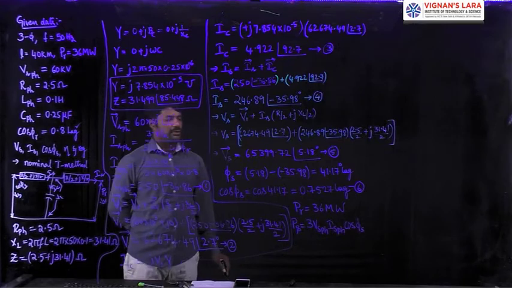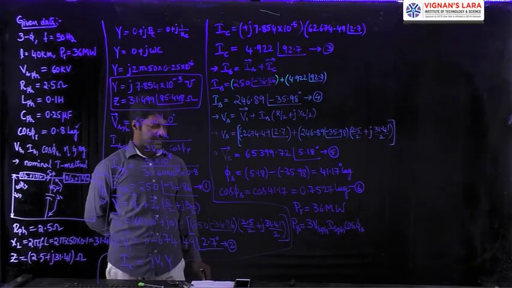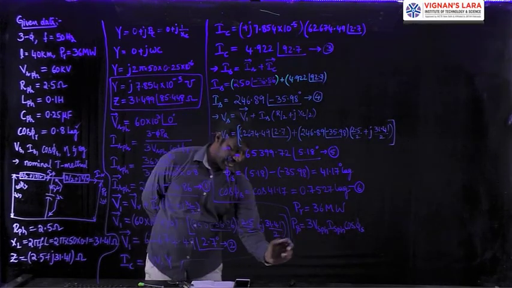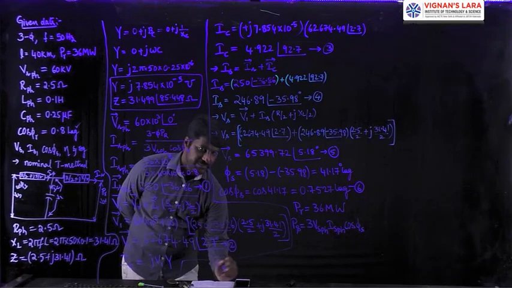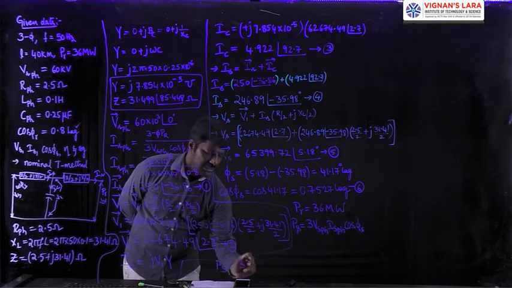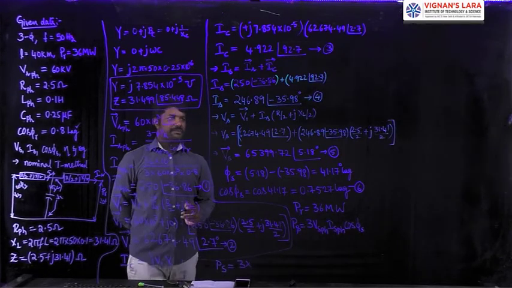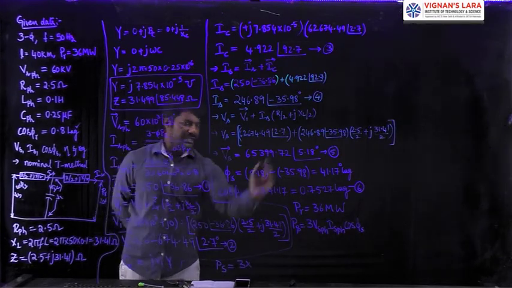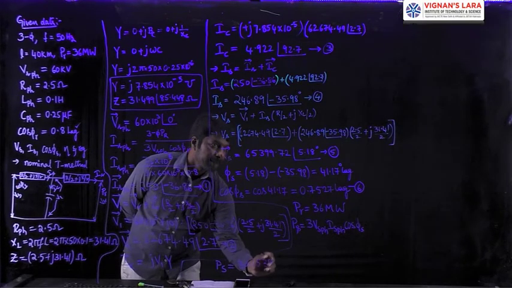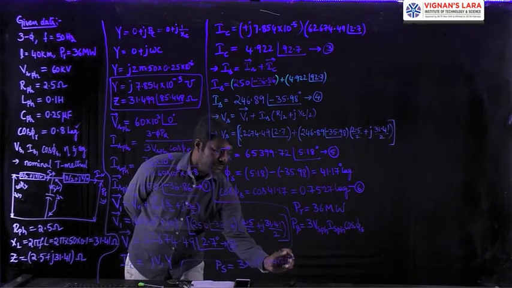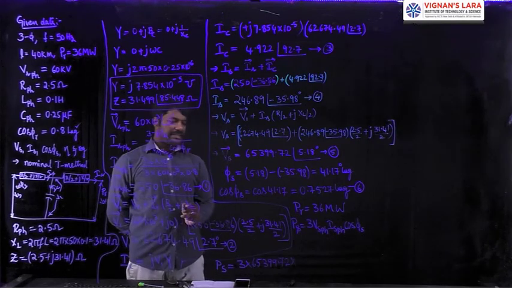Power P is equal to 3 VI cos phi for a 3-phase system. Then you can get the power on the sending end side, PS, equal to 3 into Vs per phase. The Vs per phase value is 65,399.72 multiplied by Is per phase.